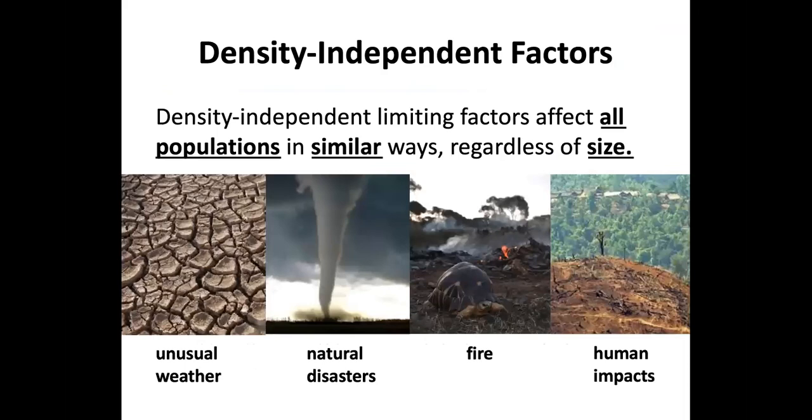It doesn't matter what the population size is. If a tornado is coming, a tornado is coming, right? So that's the difference between dependent versus independent. Dependent relies on the population size, independent does not.